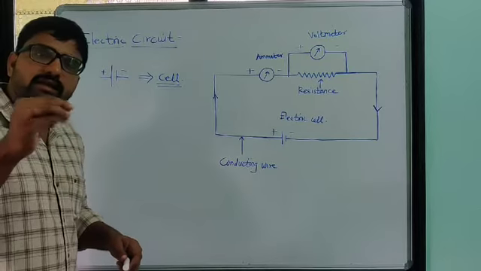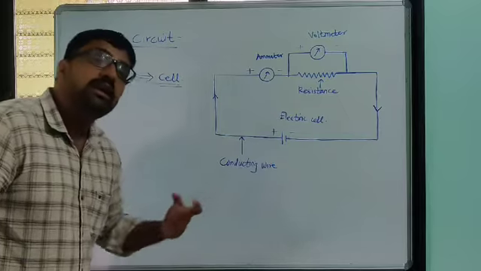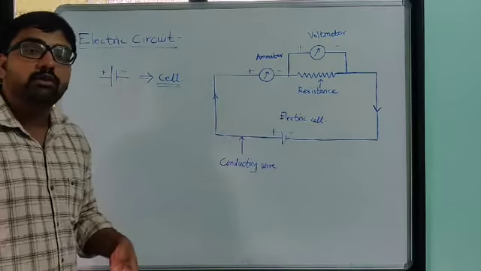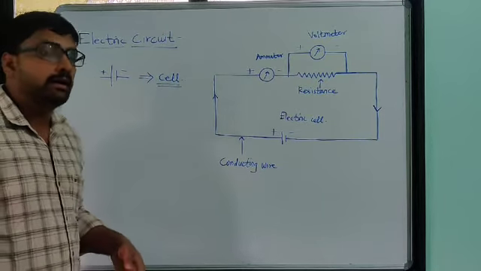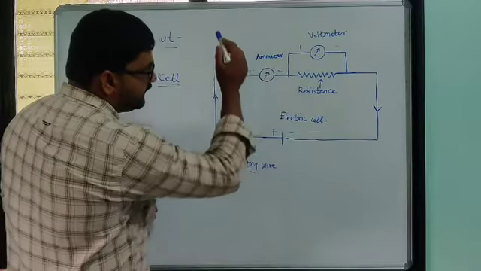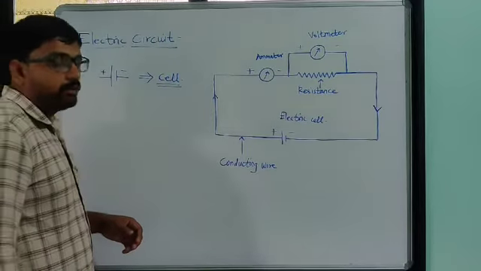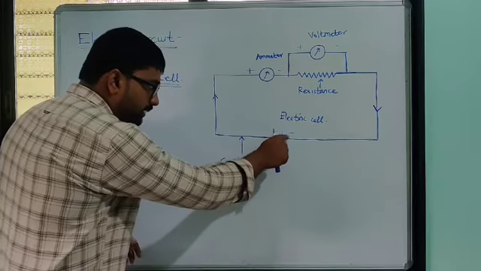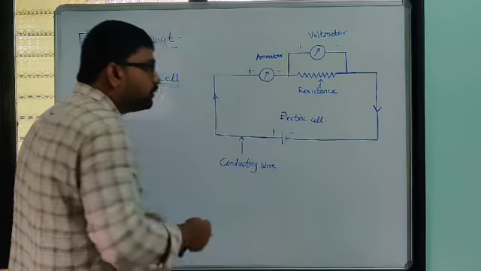These are components used to create potential difference. Their function is to create potential difference between two terminals of a conductor. Positive means higher electric potential, negative means lower electric potential. One end of the wire we connect to the positive terminal and the other end to the negative terminal.